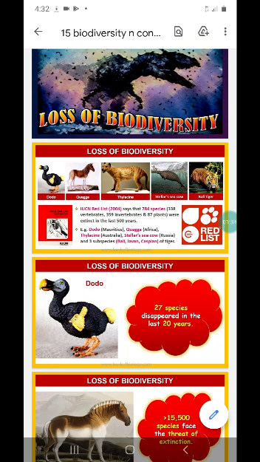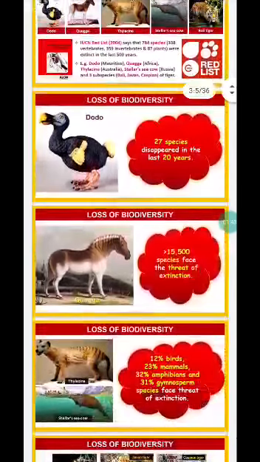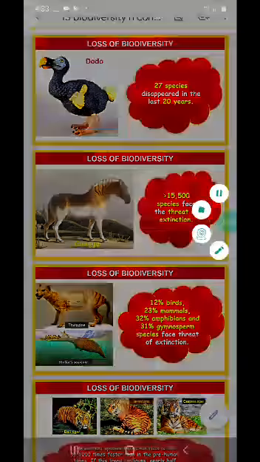The main reason for the extinction is human beings, right? So this is the dodo, this is the quagga, the thylacine, and 3 subspecies of tiger have become extinct. These are only some of the extinct animals mentioned here.